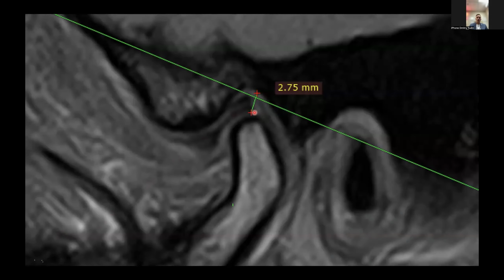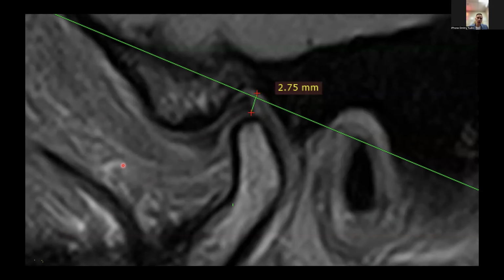So, at first, what are you looking at? This is the green line. What should you use it for? This is the Frankfurt horizontal line.